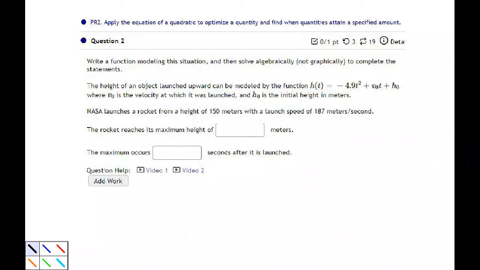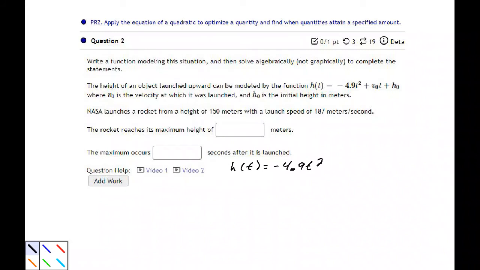And the scenario is NASA launches a rocket from a height of 150 meters with a launch speed of 187 meters per second. So the equation that I can write here will be h of t, height of the rocket, and that'll be negative 4.9 t squared, plus v0.